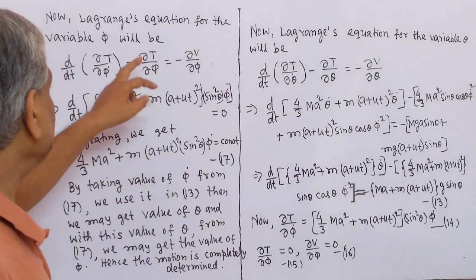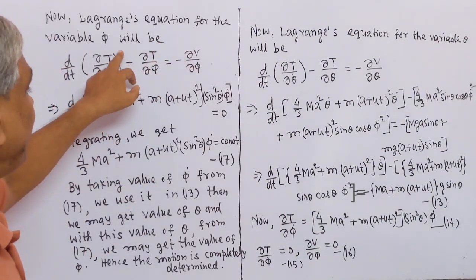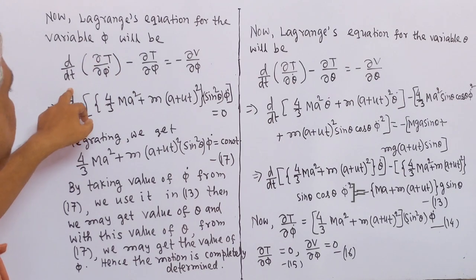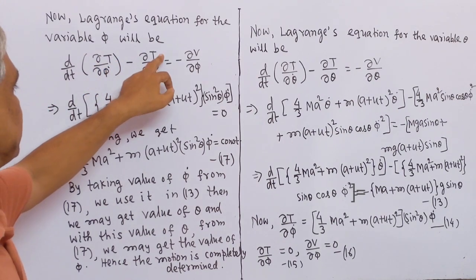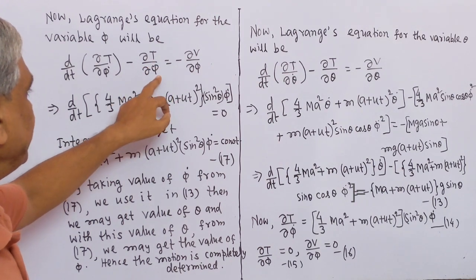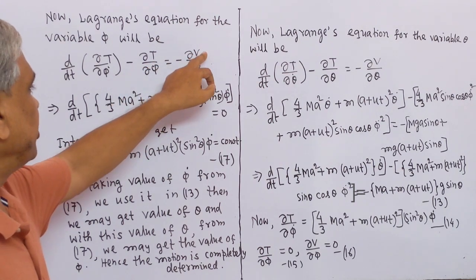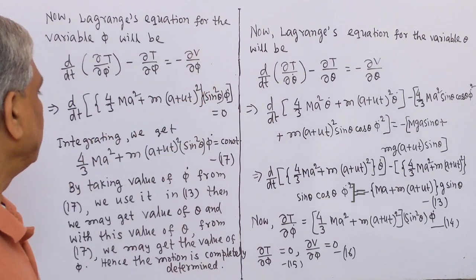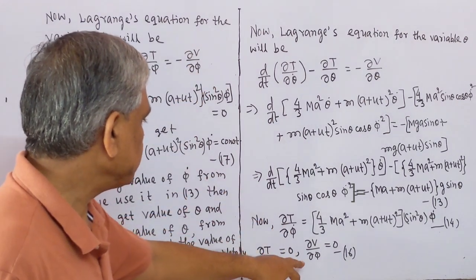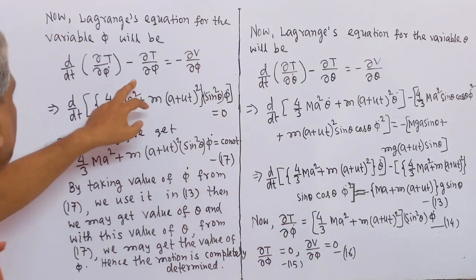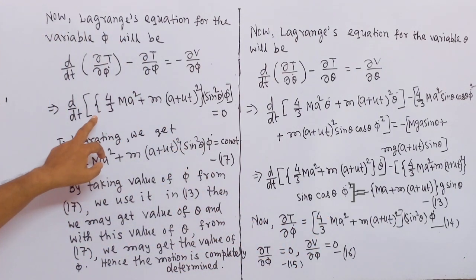Now Lagrange's equation for the variable phi will be d by dt of the partial derivative of T with respect to phi dot, minus the partial derivative of T with respect to phi, equals minus the partial derivative of V with respect to phi. We put these values from equations 14, 15 and 16, and we will get this equation.